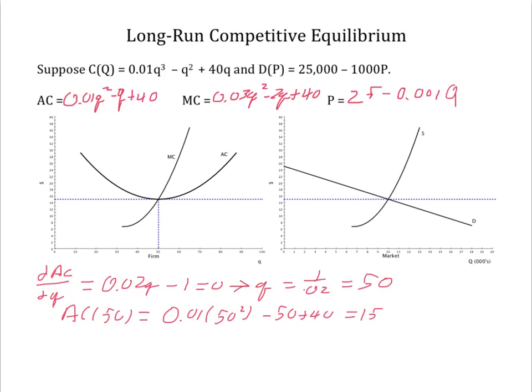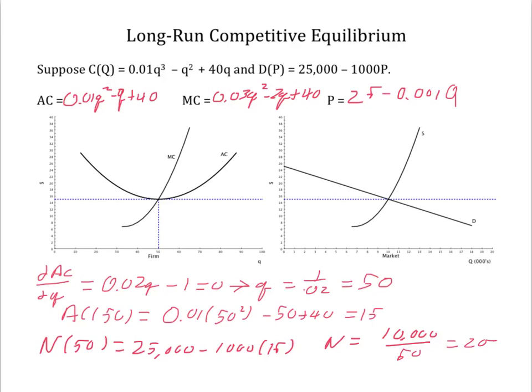So we want to find how much N times 50 would be equal to 25,000 minus 1,000 times 15, or N is going to be equal to 10,000 divided by 50, which is 200.